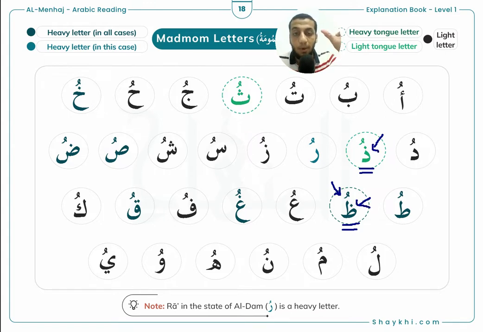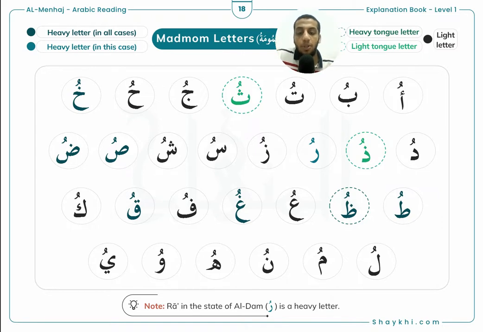And we said when we speak about heaviness and lightness, we speak about the back of the tongue. If the back of the tongue is raised, the letter will be heavy. If the back of the tongue is not raised, the letter will be light. So dhu, dhu, light and heavy.